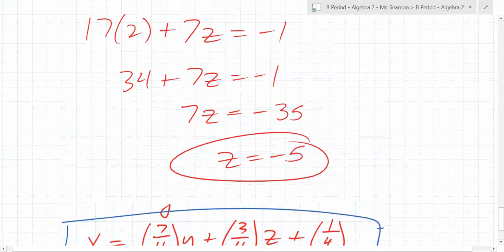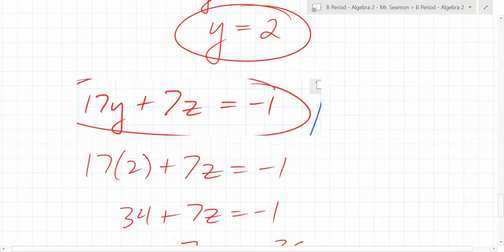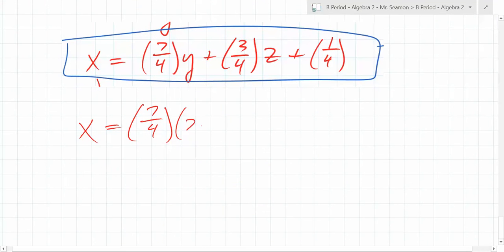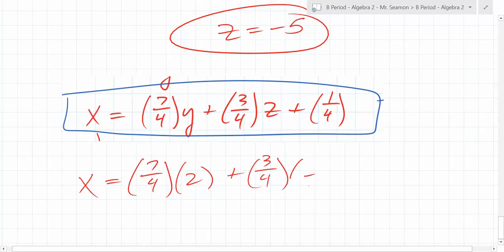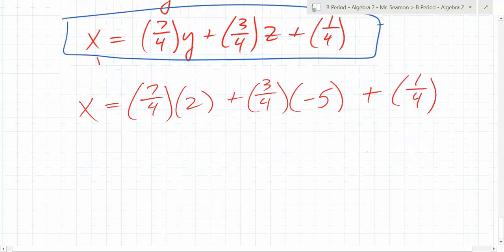What's y? Y was 2. Thank you. So times 2. That makes us happy. 3 over 4. What's z going to be? Negative 5. And that kind of makes us unhappy, but look, we have this quarter here. Is that going to save the day? I think so.